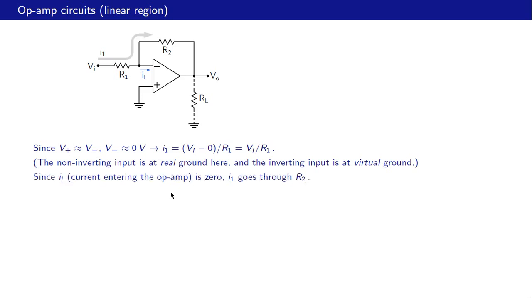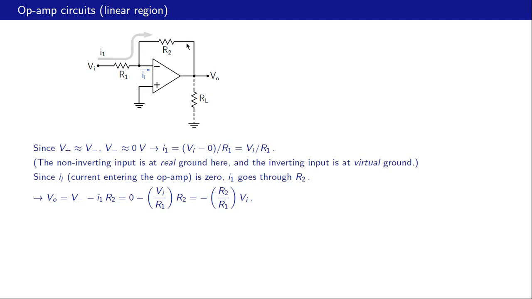Let us now use the second golden rule. This was the first one, and that is that the input current of the op-amp is 0. So in this circuit, this current marked I is 0, and therefore I1 goes through R2. So this current must go around like that because no current can enter the op-amp. And that tells us that VO, this voltage, is V minus this voltage drop.